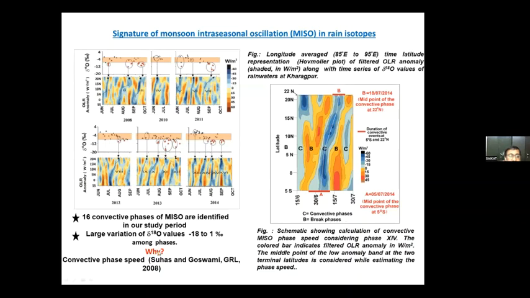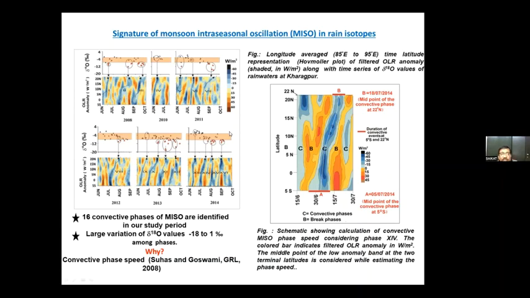Now the question remains why we get such a large variation of isotopes even within a convective event. We will discuss this later, and this is actually what we call the convective phase speed. It is basically the tracing of the convection bands from 5 degrees south to 20 degrees north in our case.